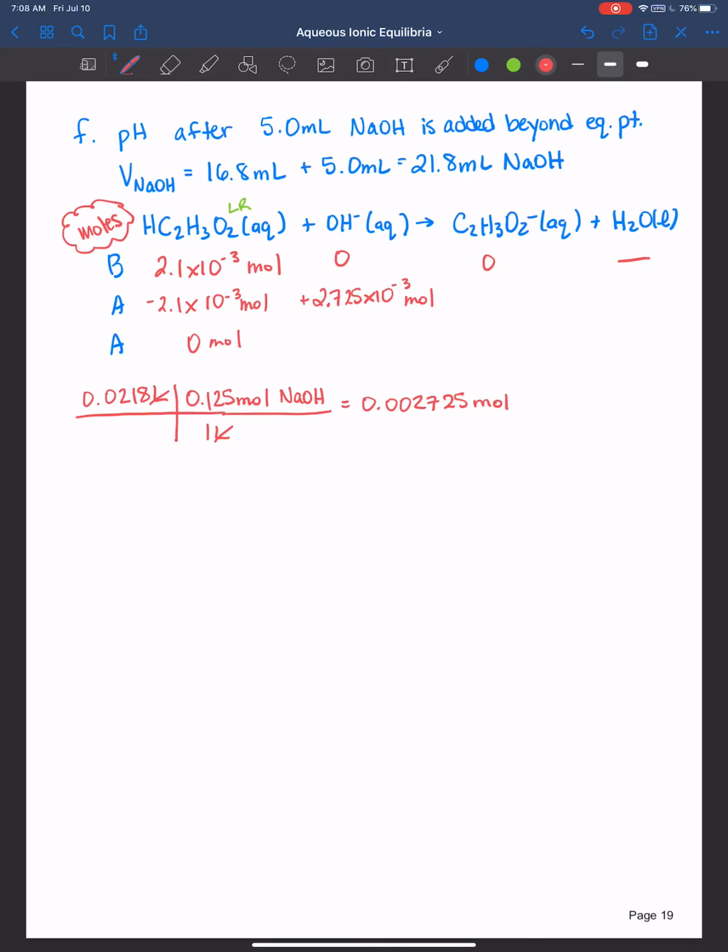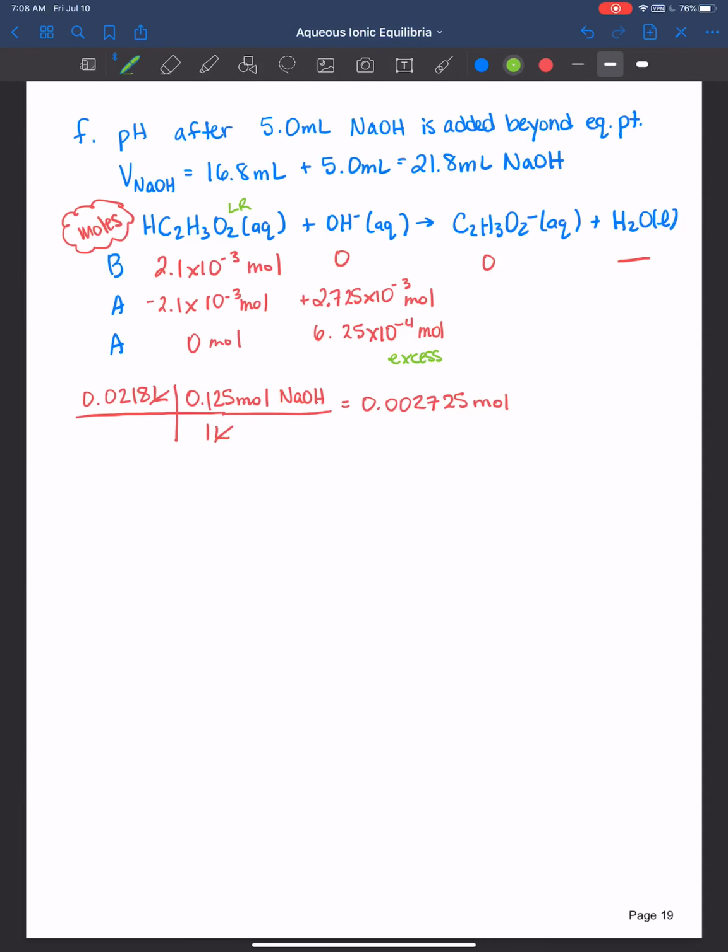Now, most of this base was reacted with the acetic acid, so we need to subtract that amount from what we put into our beaker. So what's left over in excess is 6.25 times 10 to the negative 4th moles. And like I said, this is excess.